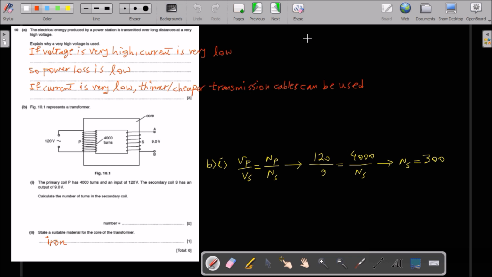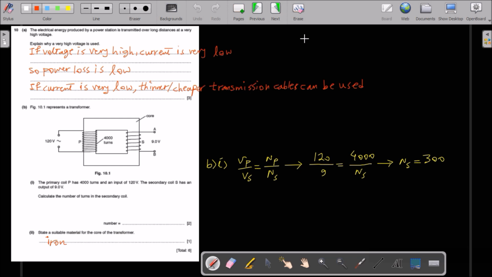So Vp is 120, Vs is 9 volt, Np is 4,000 turns, and Ns is unknown. If you calculate, you will get 300 turns. So the number of turns for the secondary coil is 300.